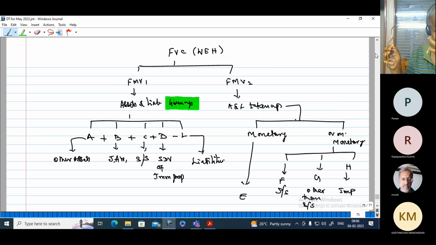C is shares. D is, how do we remember this? Stamp duty. The D is for stamp duty. Why? What is your duty? D.